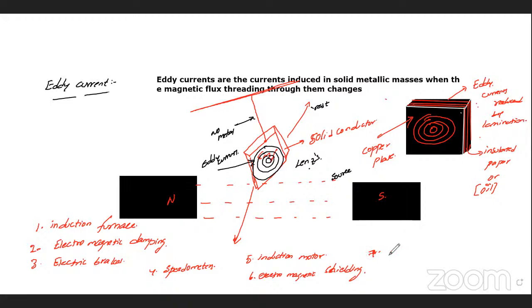The energy we use in our households is measured by energy meters, and under energy meters also these relations will be used. Just remember it, it's just a concept. The applications are very important. I'll share the material with you, you can go through it.